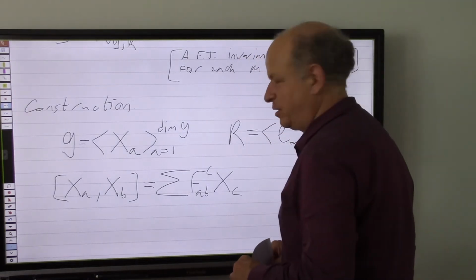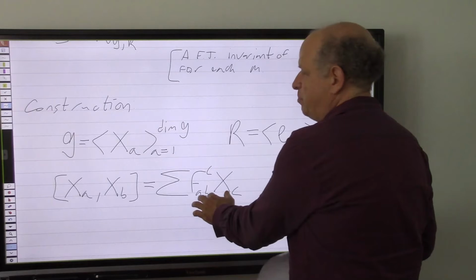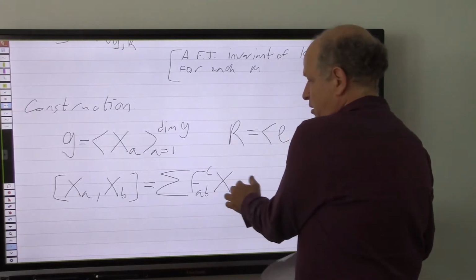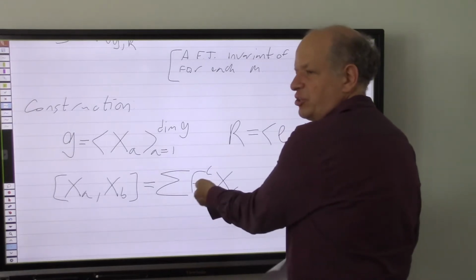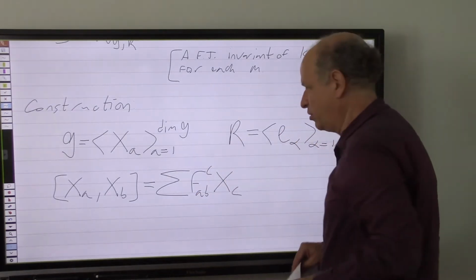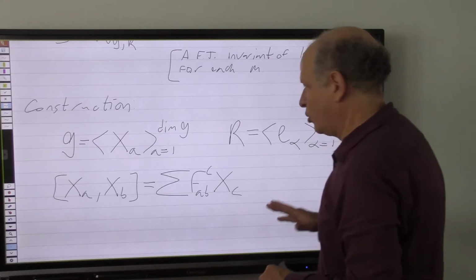Okay? So those f_ab^c are just these coefficients. They're elements of the field. They're numbers.